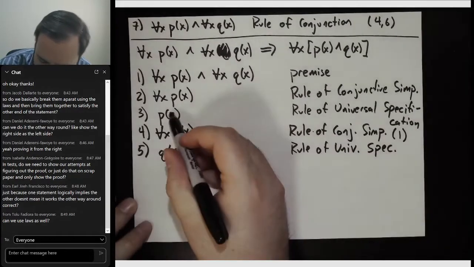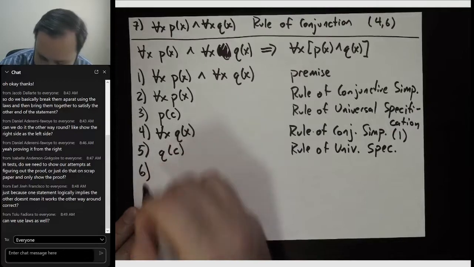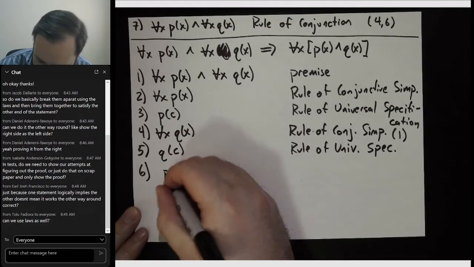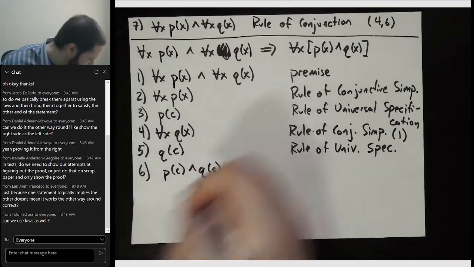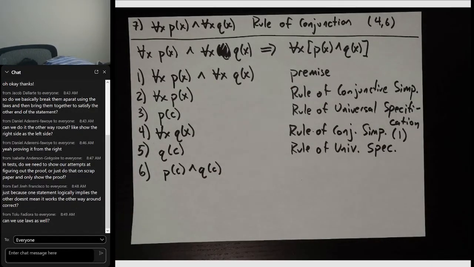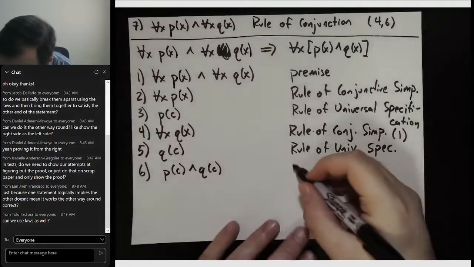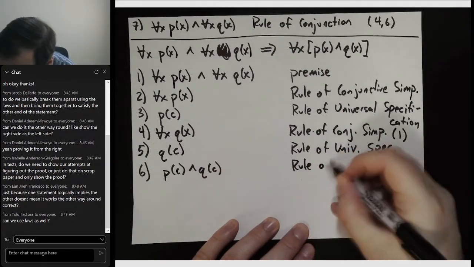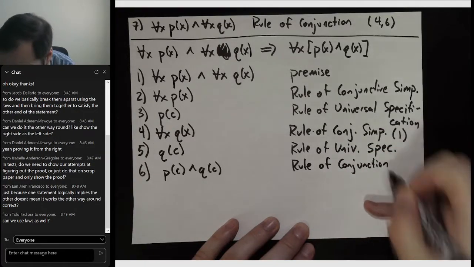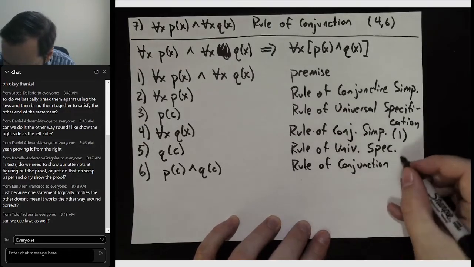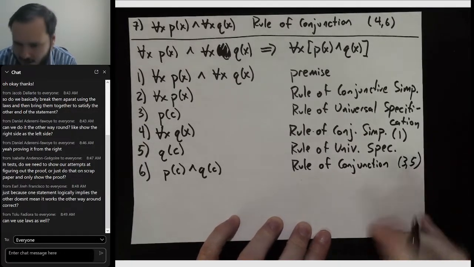And now I have P of c and Q of c. So I can combine them. What did we decide that rule was called? Oh, it's right up at the top, rule of conjunction. That's using lines 3 and 5.